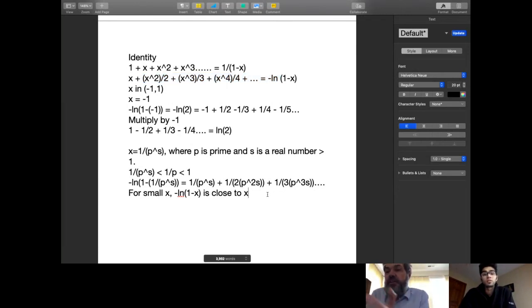But as we noticed, when x is very small, these other terms are negligible compared to x. So minus natural log of 1 minus x is actually close to x, in the sense that all the other terms are much smaller than x itself.